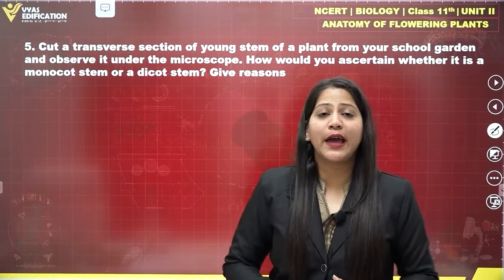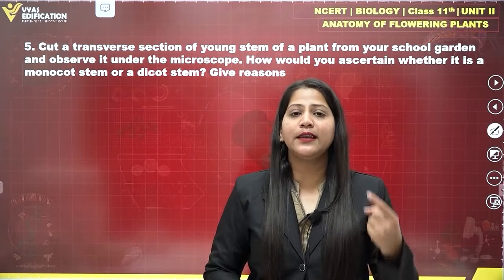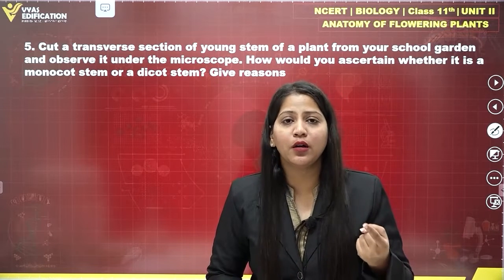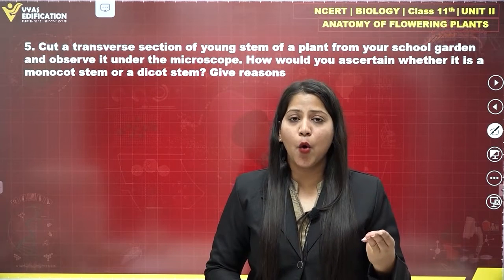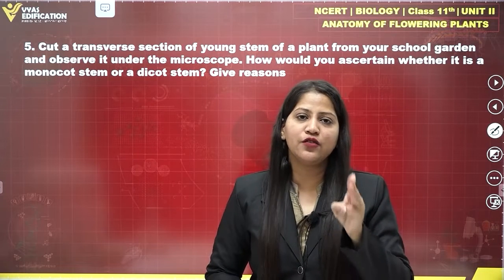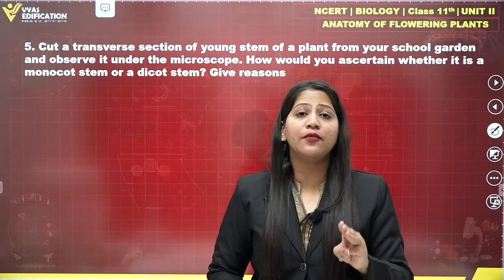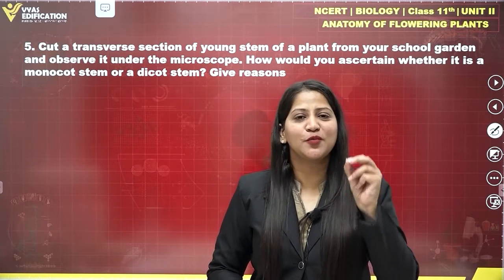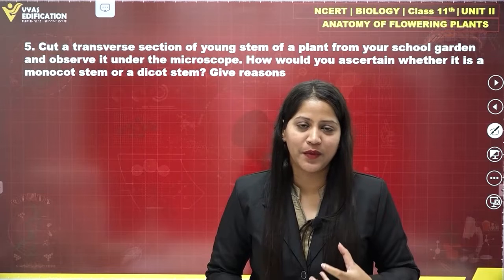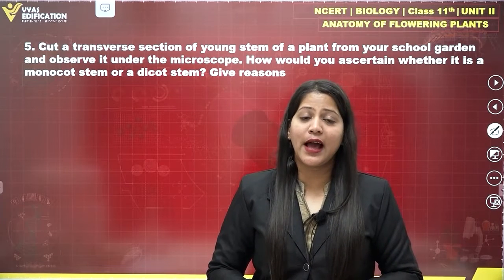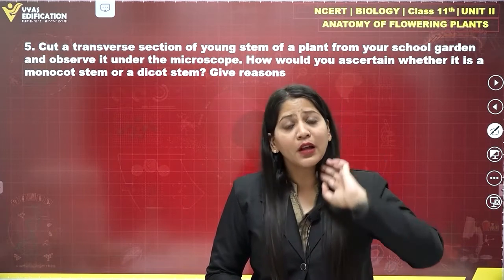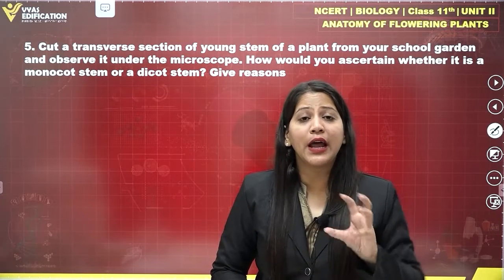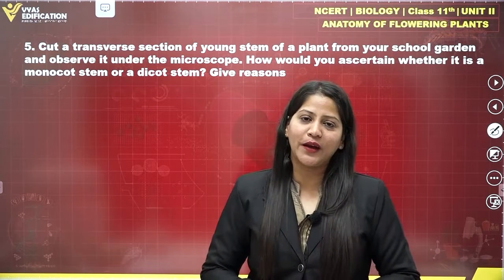They also have a centrally located cambium strip present in between xylem and phloem. The second characteristic is that the vascular bundles are present in a ring arrangement around the centrally located pith.